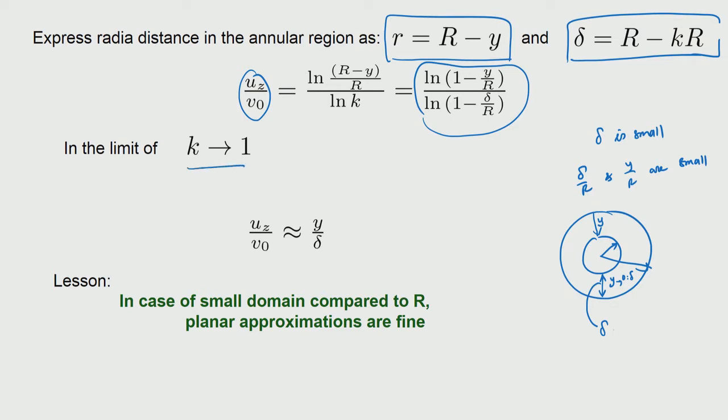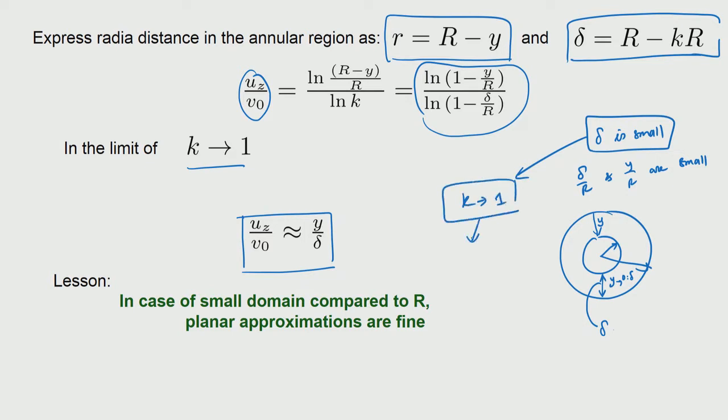Okay, of course you should not plug in k is equal to 1 because you have a problem that will come in the denominator, but in the limit you can actually see that it comes to be basically a ratio of y and delta. So what it implies is that when the delta is very small, this is the same as saying that k tends towards 1.